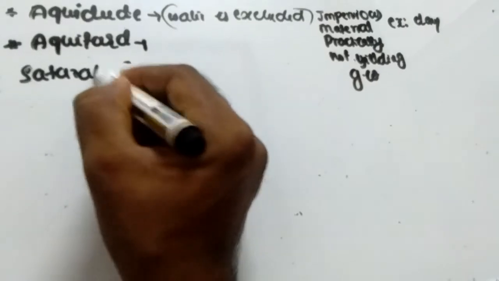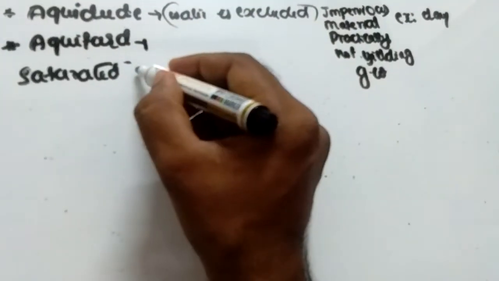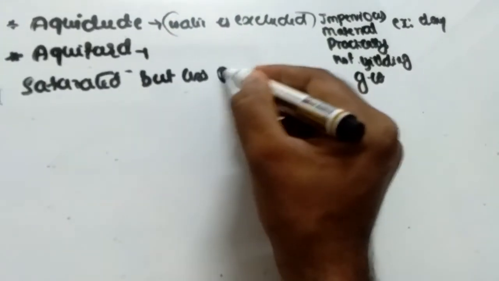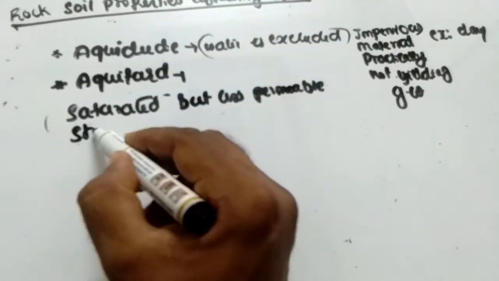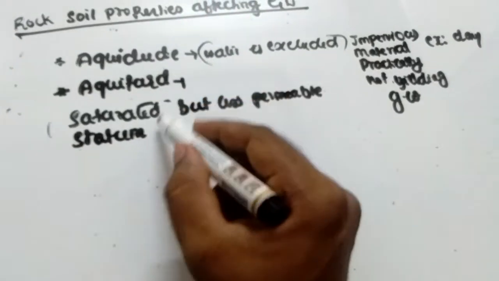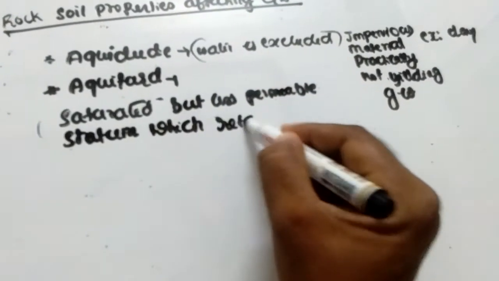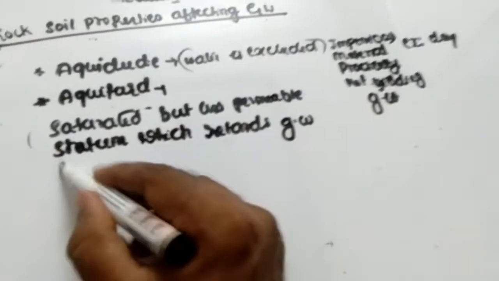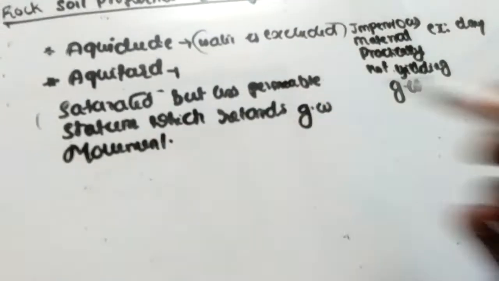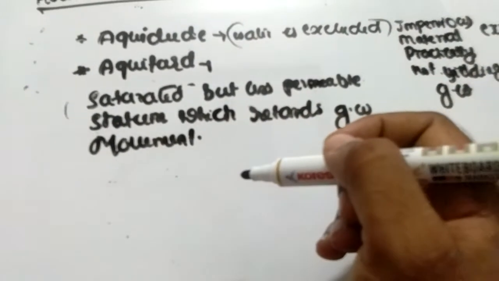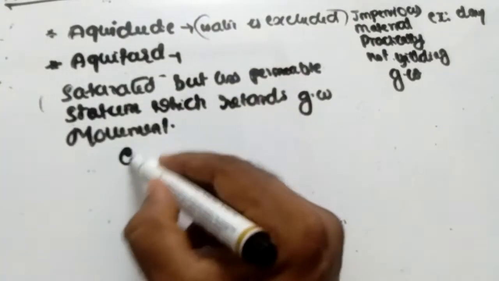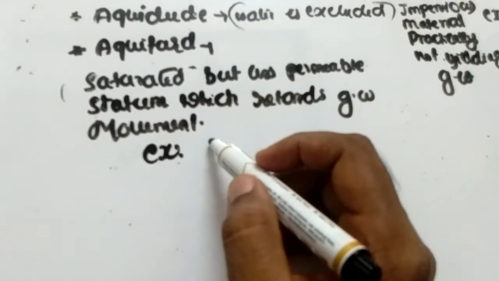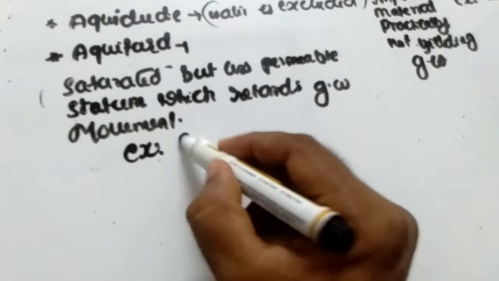Next is aquitard, which is a saturated but less permeable stratum which retards groundwater movement. An example for aquitard is sandy clay.